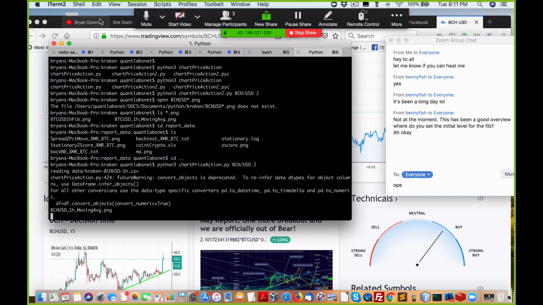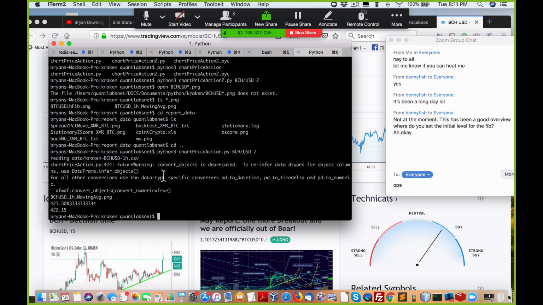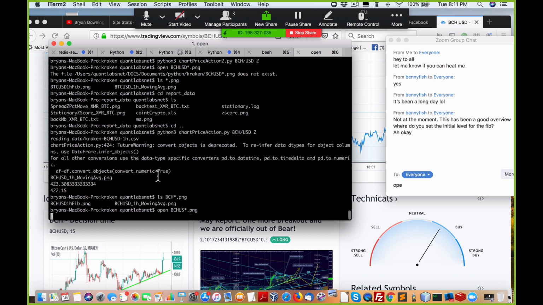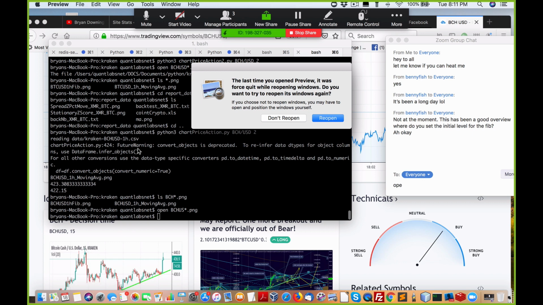So, okay, we are generating our charts right now. There they are. So we'll just look at the Fibonacci right now. Okay, so we're going to bring up both the moving average Fibonacci, two different charts.